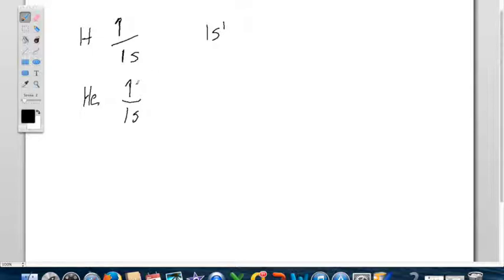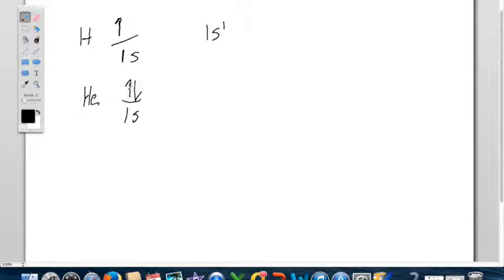So helium's second electron will also go into the first shell. And these 2 electrons must have opposite spins. Electrons in the same orbital must have opposite spins. That's the Pauli exclusion principle.